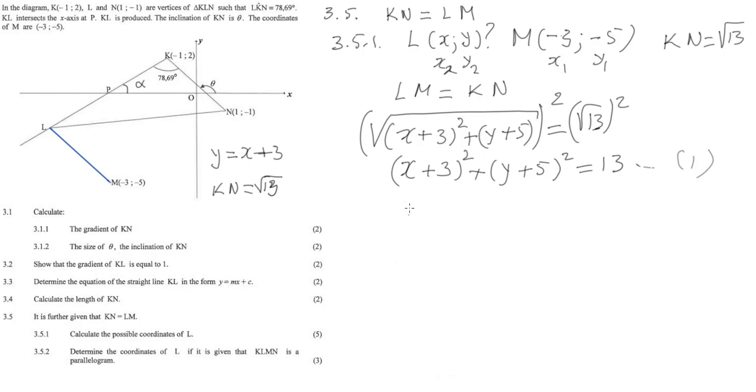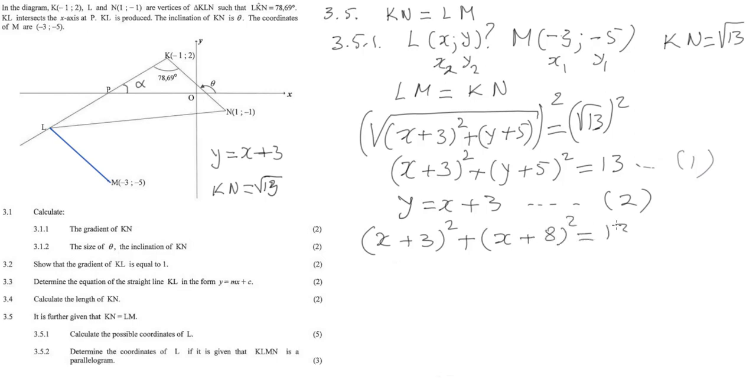We found that this is our first equation, and we have this line, which is y equals x plus 3. So this will be our second equation. You take this one and substitute here, you will have x plus 3 all squared. Instead of y, if you put y there, it will be x plus 3 plus 5, which will give you x plus 8 all squared equal to 13.